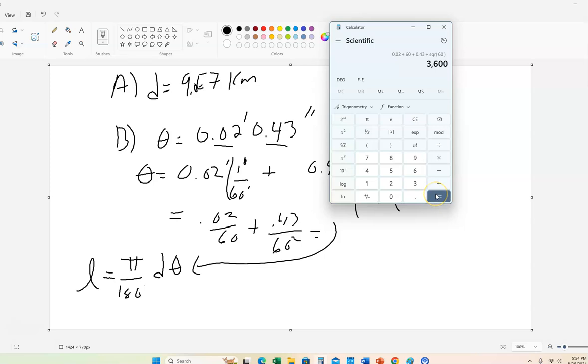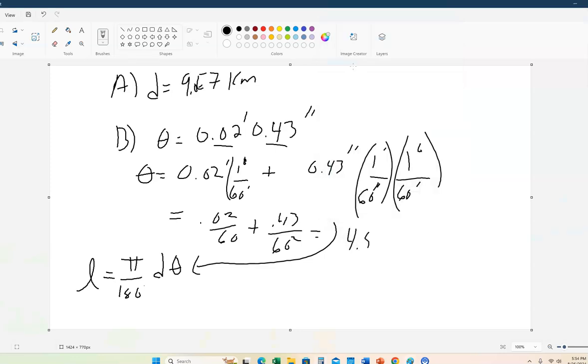This is a very small fraction. If you rounded it to 2 places past the decimal, it's 4.53 times 10 to the minus 4th degrees.